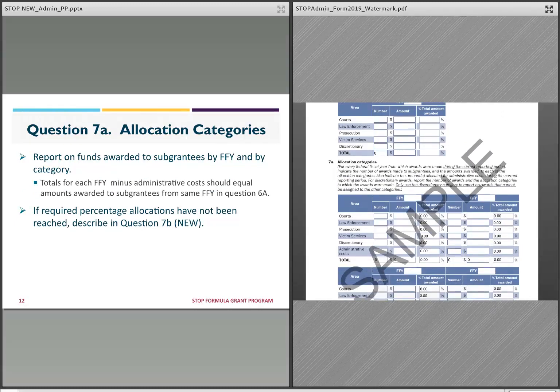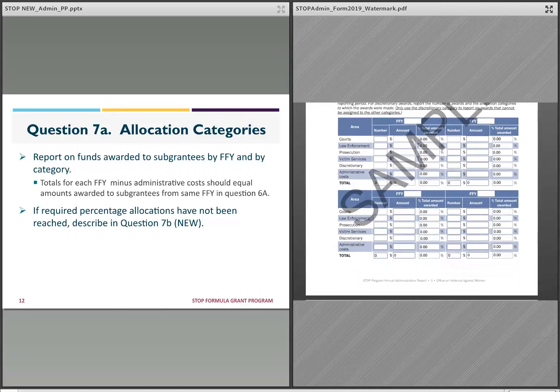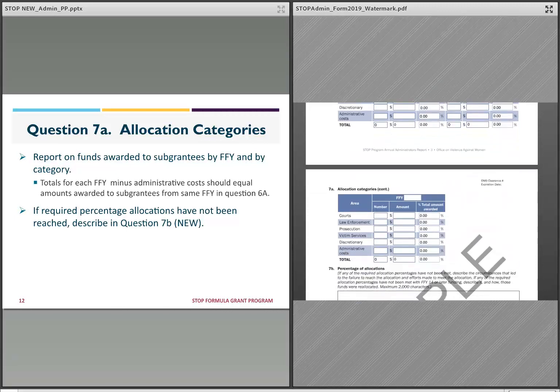In question 7A, allocation categories, report on the funds awarded to subgrantees by federal fiscal year and by category. The totals for each federal fiscal year minus administrative costs should equal the amounts awarded to subgrantees from that same federal fiscal year in question 6A. If the required percentage allocations have not been reached, please describe why in question 7B.